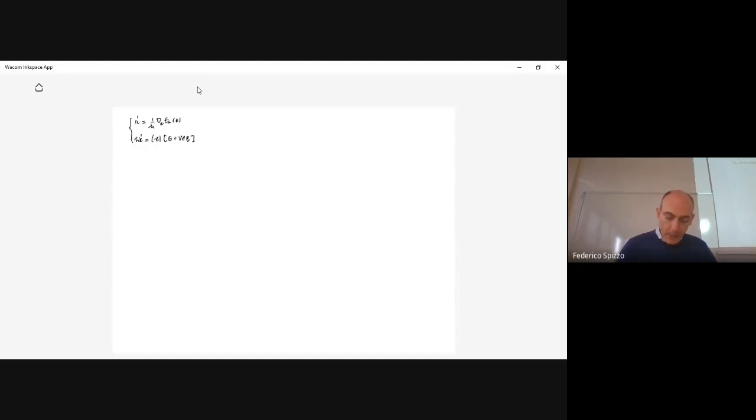And if we remember that band structure, we have more or less this structure, with n equal to 1, 2, 3, depending on the band we consider.